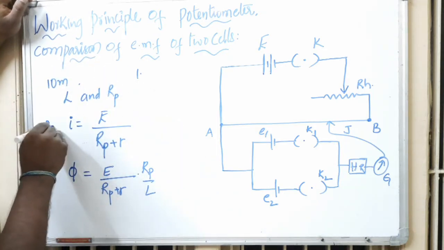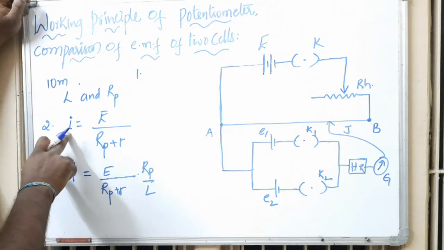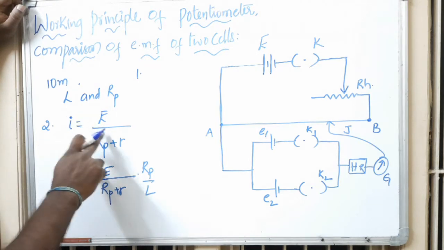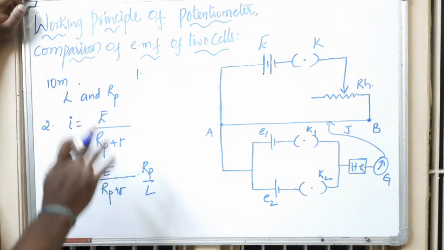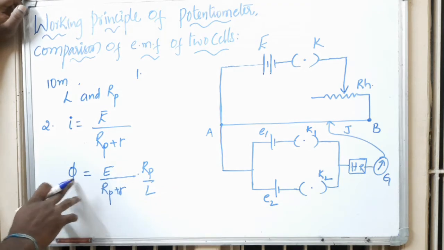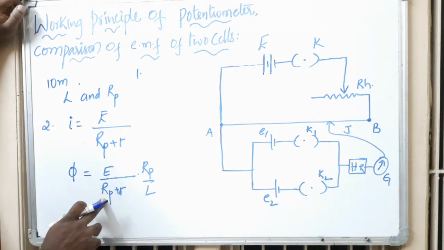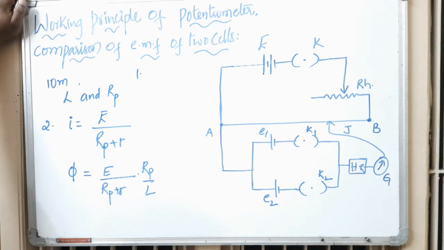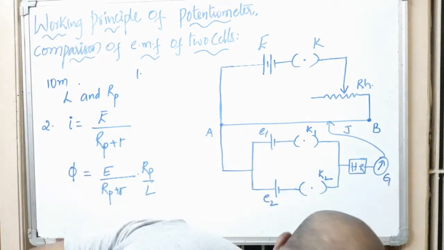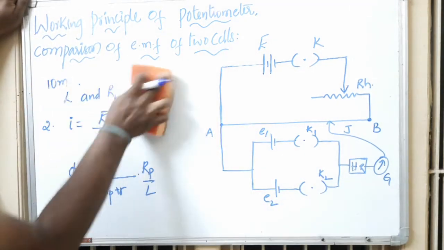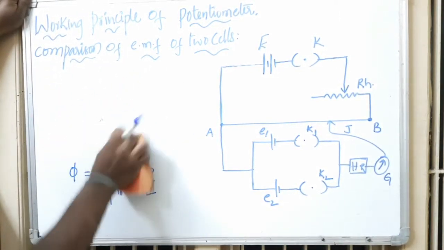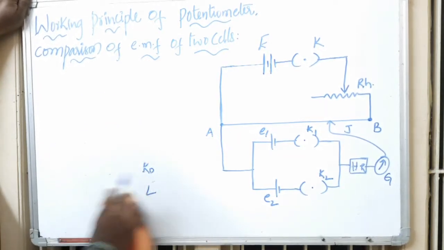Second point: the current through potentiometer wire, I, is equal to E by RP plus R. Next, potential gradient phi is equal to E by RP plus R into RP by L, where potential gradient is nothing but potential drop per unit length. These are the three points which we have to write under the working principle of potentiometer.